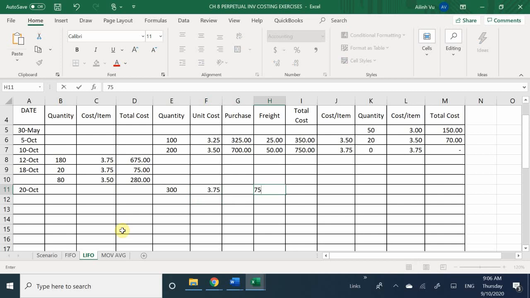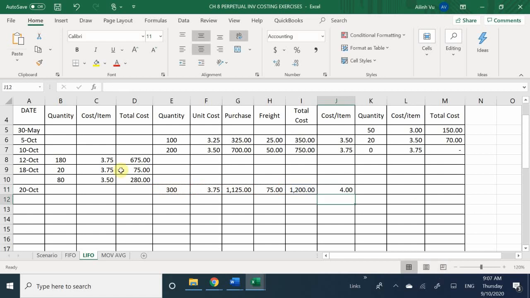Freight is 75, right? So what's my total purchase price here? 1125 plus 75. What's my total cost here? 1200. 1200 even.